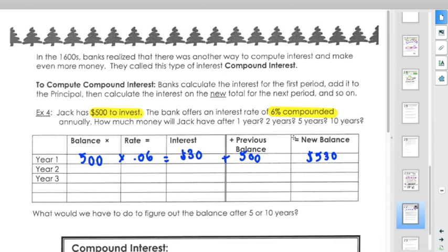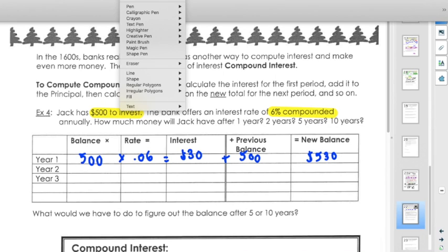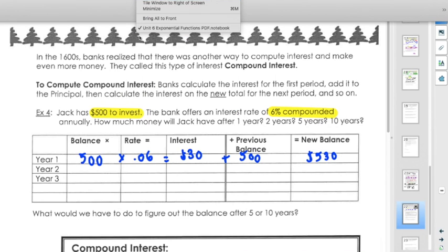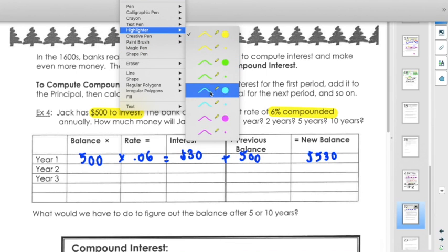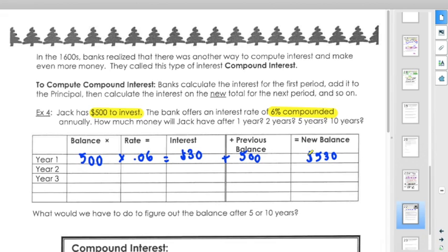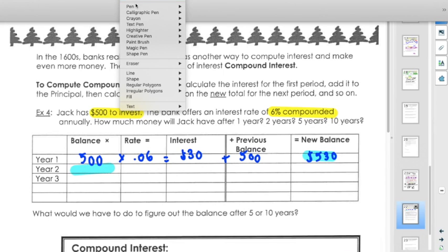So here is the one difference between compound interest and simple interest. Again, the bank came up with this because they want more of your money, which shouldn't shock any of you. $530. This now comes down to your balance over here. And think about why they would do that.